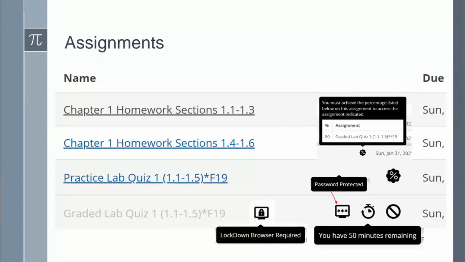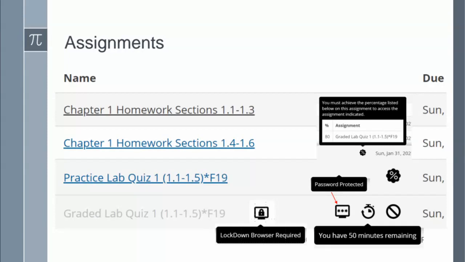The lockdown browser is an application that will not allow you to exit WebAssign. These are crucial, or these are used for quizzes and exams. So please do not minimize your screen or try to exit out once you start a quiz or an exam, because if you do so, the system will kick you out, and your grade might stand, depending on how your instructor handles that.